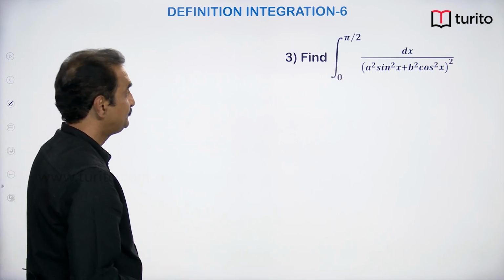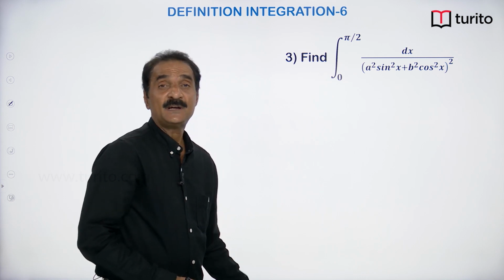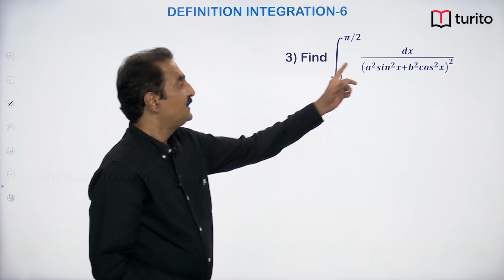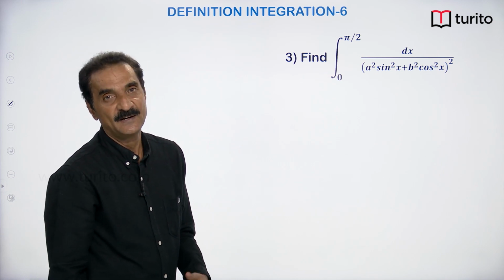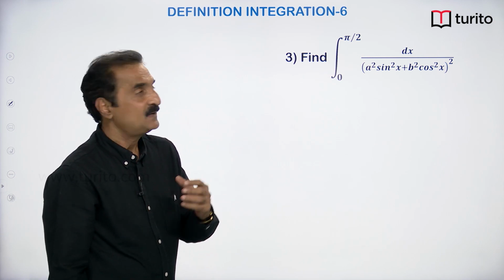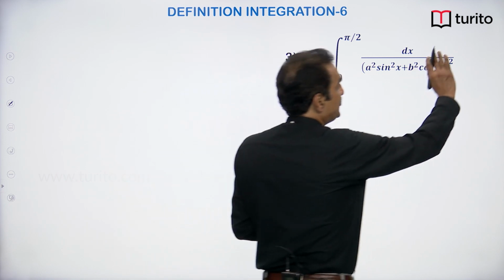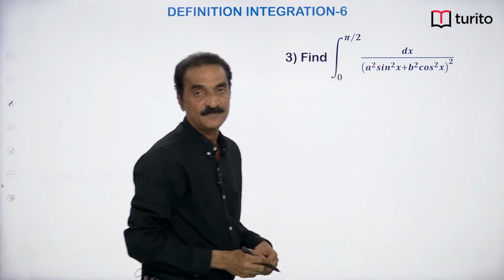Next question. Integral 0 to pi by 2 dx by a square sin square x plus b square cos square x, whole square. If you remember, we have solved this question without square in the previous classes.